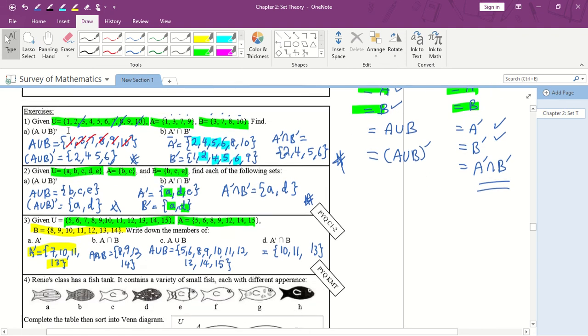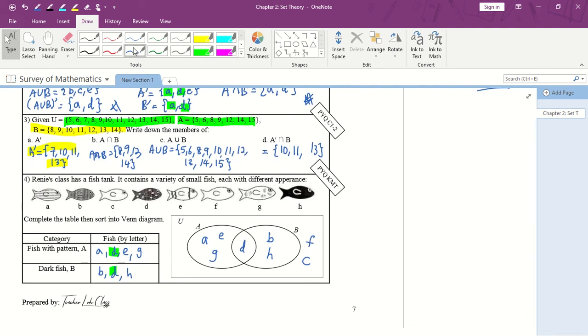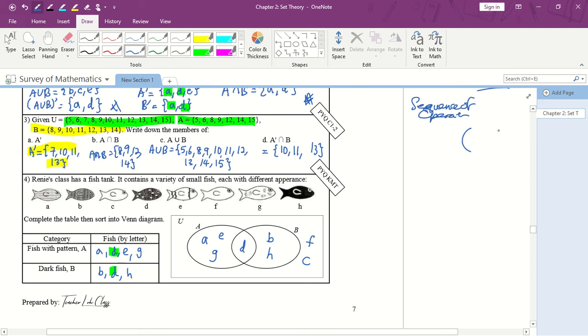Before that, let me ask you: when we do algebra or arithmetic, most of the time we face a sequence of operations. When we do arithmetic, the first thing we do is the parentheses. Second, the exponents, like square, cube, the power of 4.